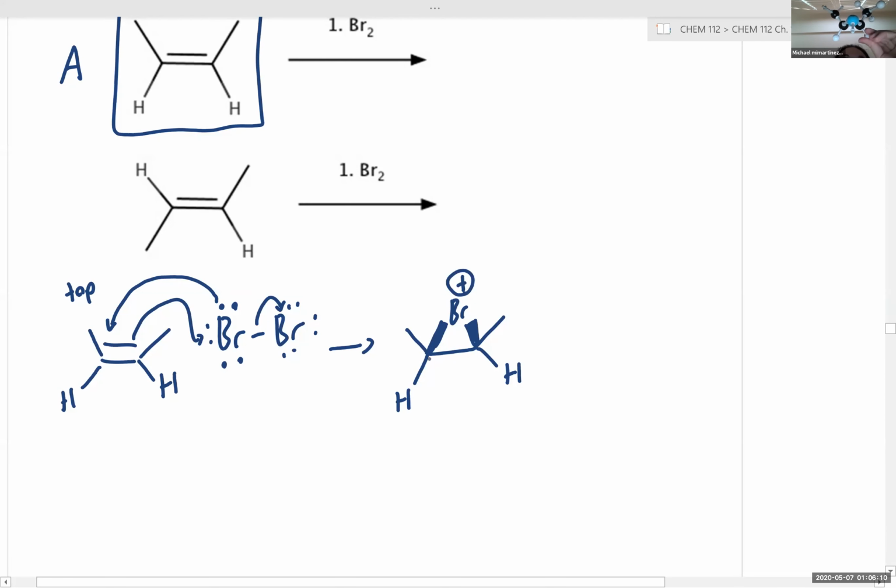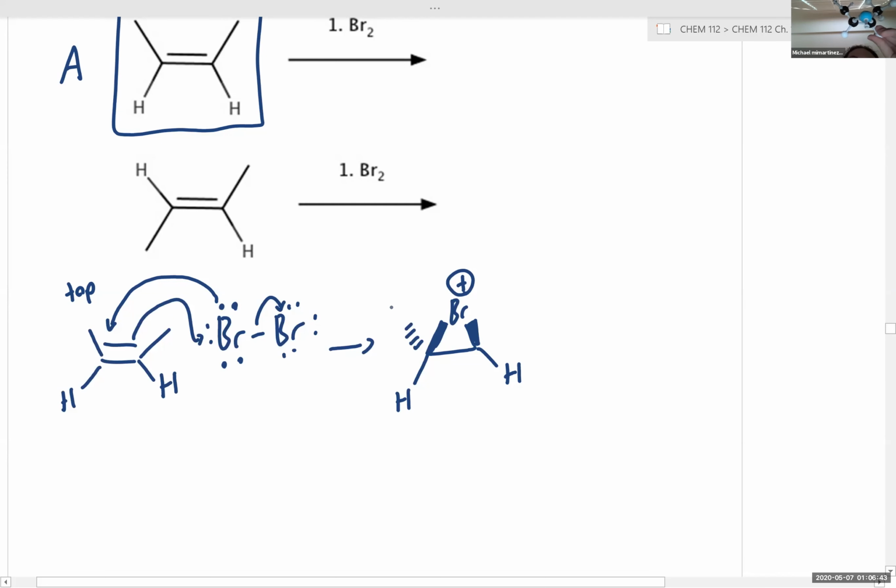Now in this case, both of our carbons are equally substituted, so we have free reign in terms of which carbon we can attack. But in terms of drawing out this first intermediate, my question to all of you is, are these methyl groups pointing towards us or away from us as drawn? Away. Okay, perfect.